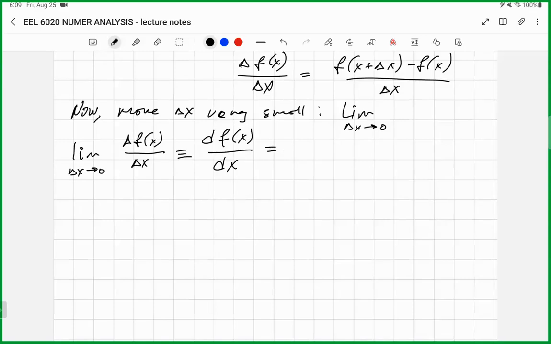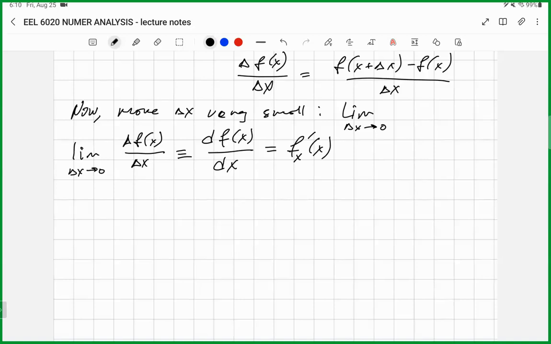Sometimes we can write f dash of x, or more specifically, if the function depends on a number of arguments, we can indicate that this derivative is specifically by x.